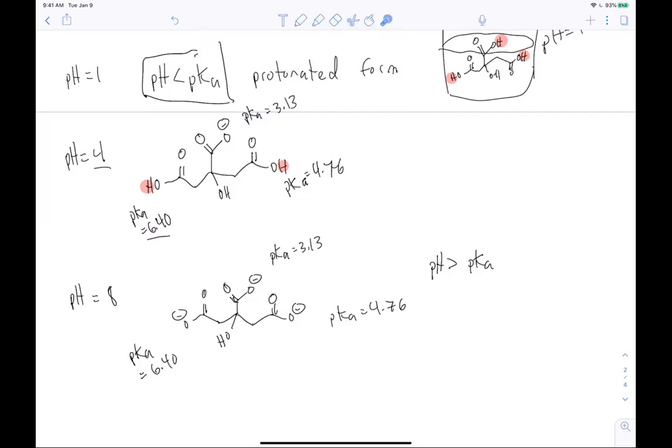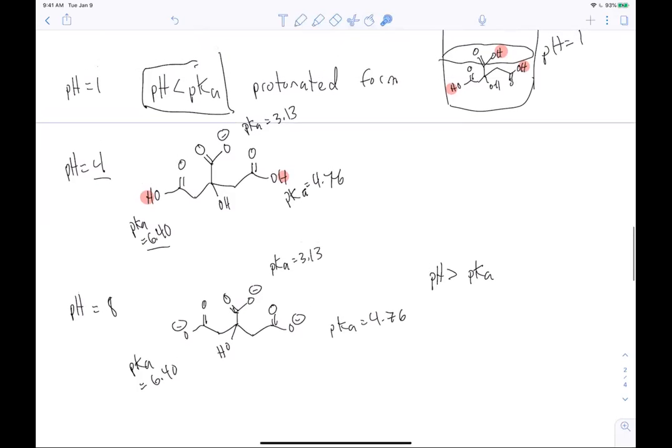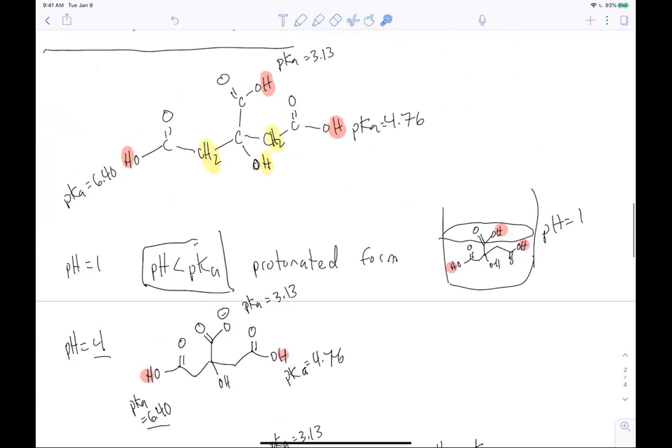There are a bunch of different ways you can ask this question, but the simplest way would be to give you this molecule with these different pKa's, which we'll call pKa 1, 2, and 3.